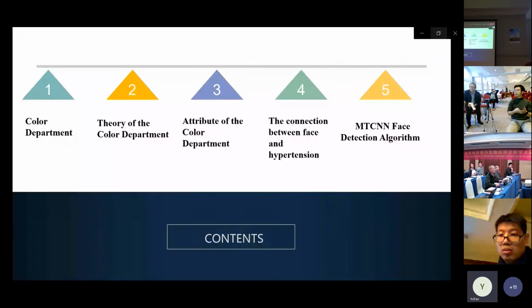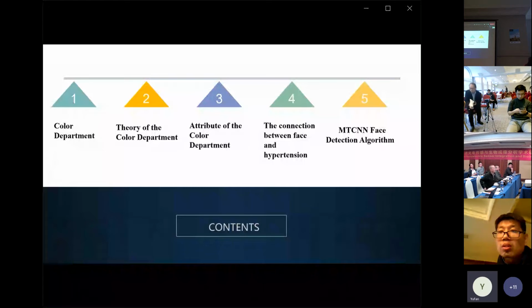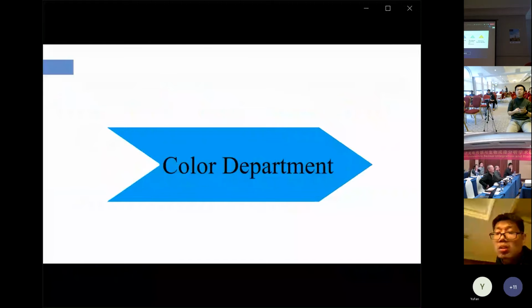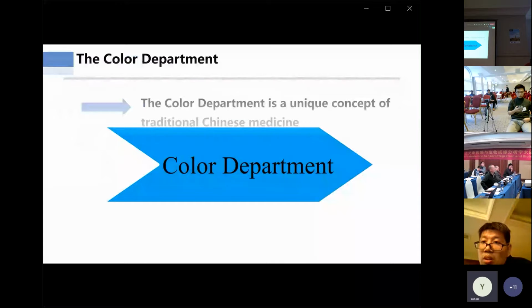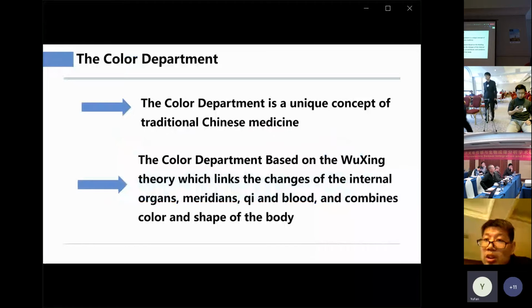Is it a recorded video? Yes, a recorded video. Can you hear the voice? The sound is very low. When you share, could you just choose from the computer?